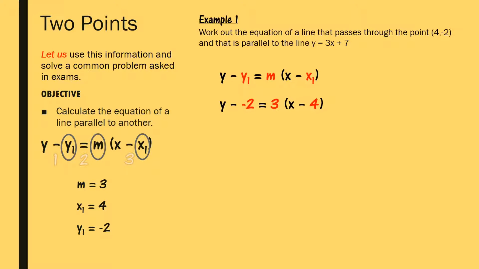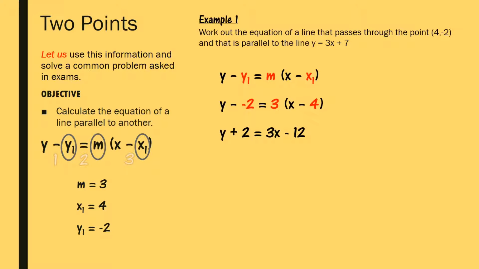So we should end up with y minus -2 equals 3 times x minus 4. And if I multiply the brackets and simplify my signs, I'll have y plus 2, because the minus -2 becomes a plus 2, equals 3 times x, which is 3x, and 3 times -4, which is -12.